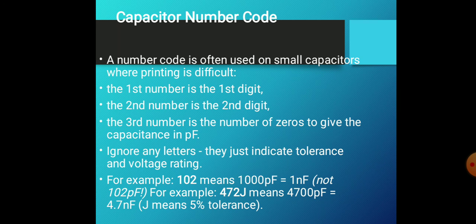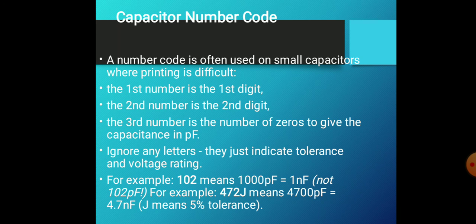They just tell you the voltage rating or the tolerance, which is also in your book. For the tolerance, there are letters there, I think B, C, D, G, H, J, K, M, like that. J is 5%, K is 10%.